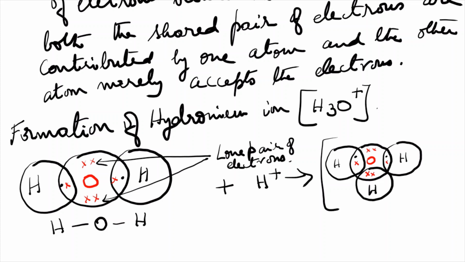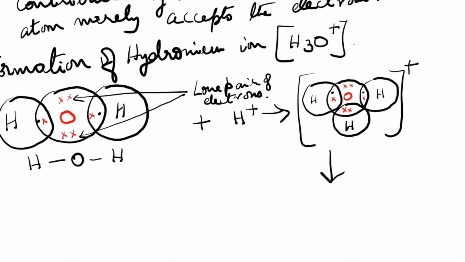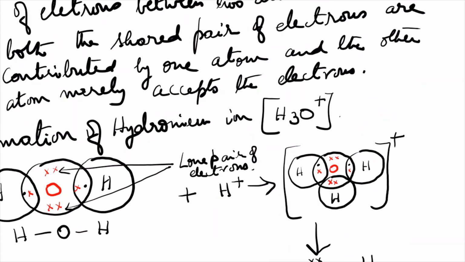This is the H plus ion and this is represented as H with one extra lone pair of electrons, and this coordinate bond is represented with this arrow mark.